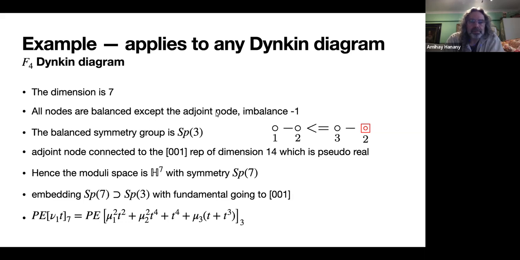Okay, so now let's take the last equation over here. So on the left-hand side, I'm computing the representation content of the quaternionic space H7. So I take the fundamental representation denoted here by this label mu1.